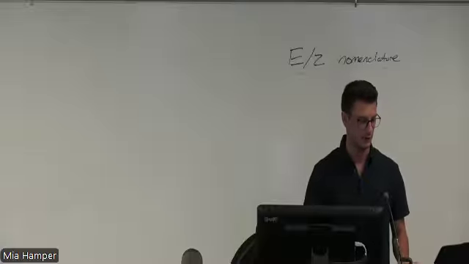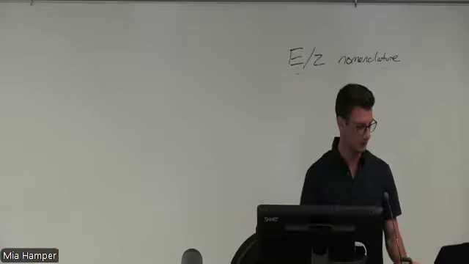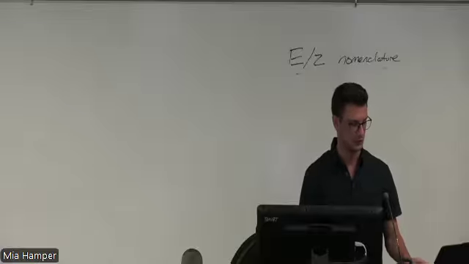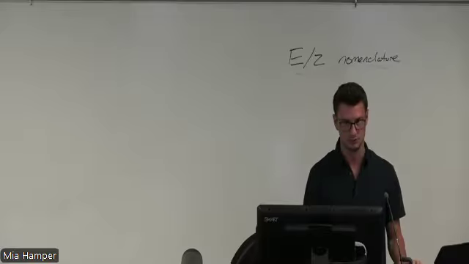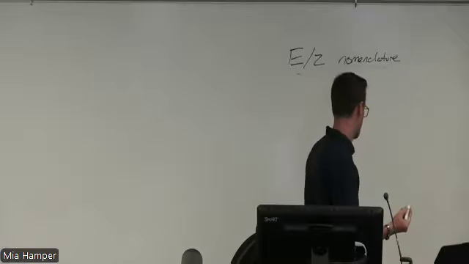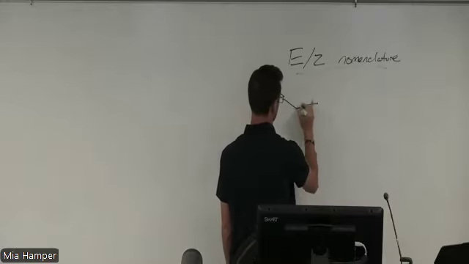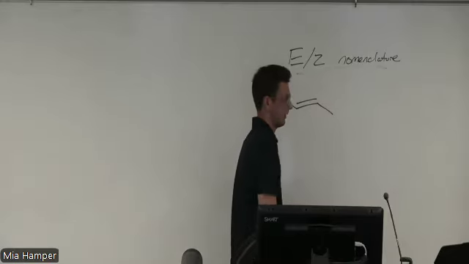We've heard of cis and trans before, which will still come up, but in terms of E and Z, it's very similar, and I'd like to give you a little bit of an example. So this first molecule here, let's just say we have that.